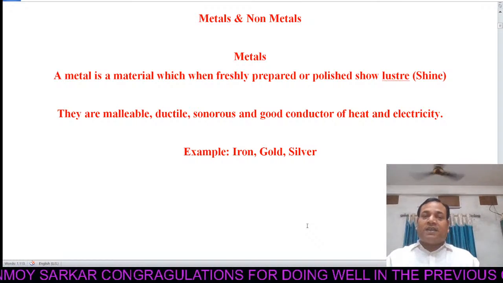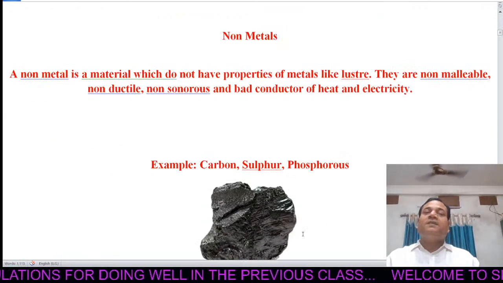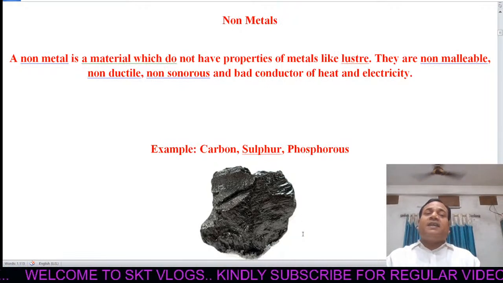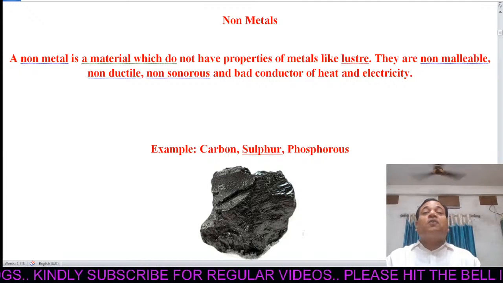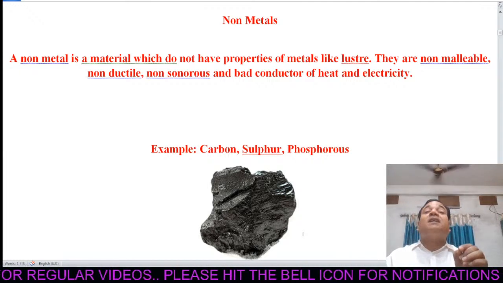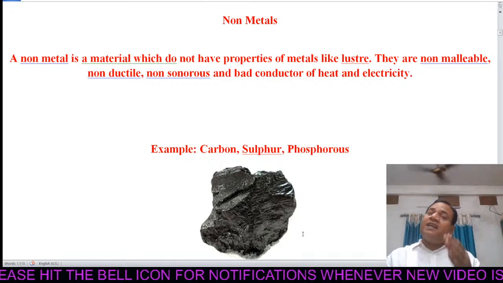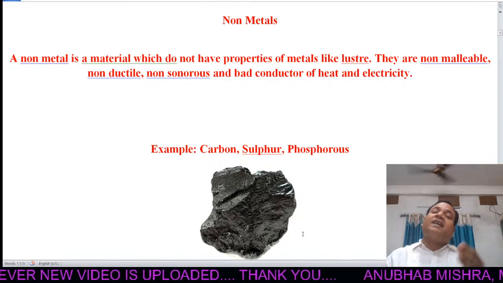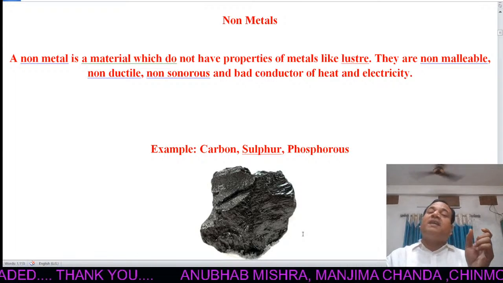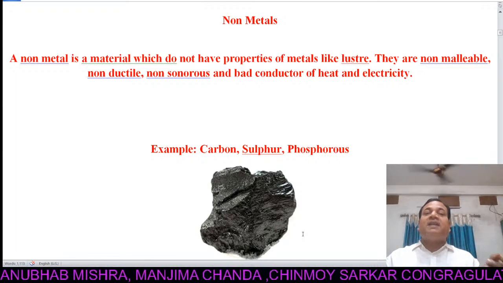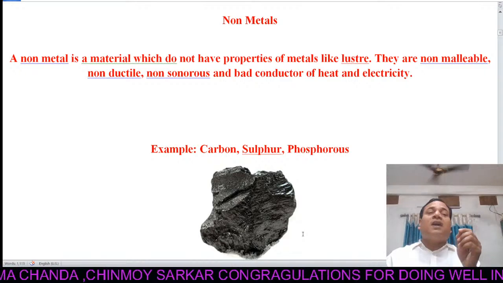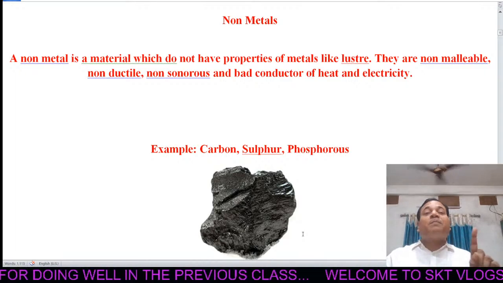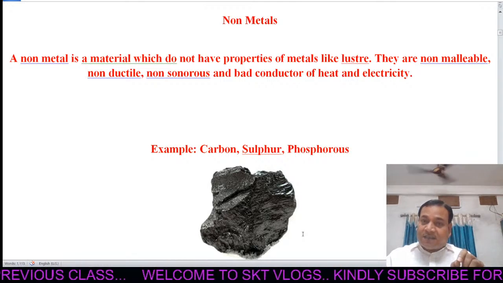See, next point. Now, non-metal. A non-metal is a material which does not have properties of metal. यानी कि ये जो नॉन मेटल है ये मेटल का टोटल अपोजिट है, ठीक इसका उल्टा। मेटल में लस्टर होता है, नॉन मेटल में नहीं होता है। So a non-metal is a material which does not have properties of metals like luster.